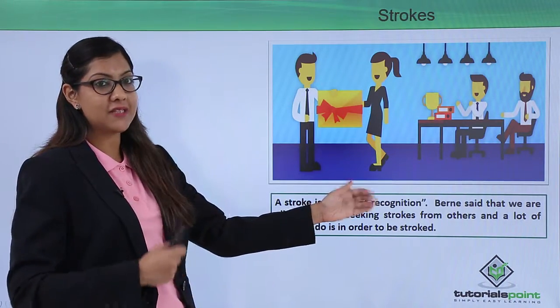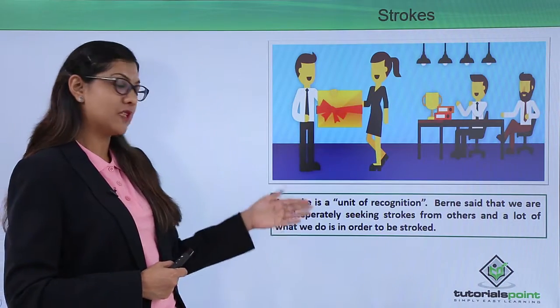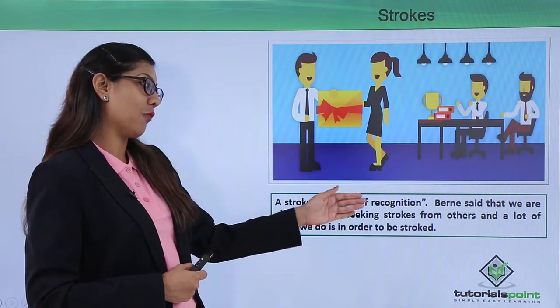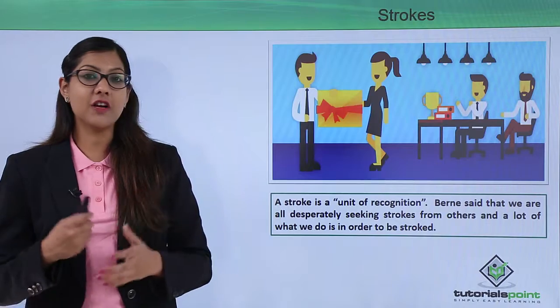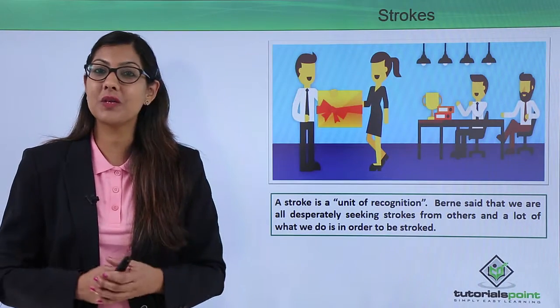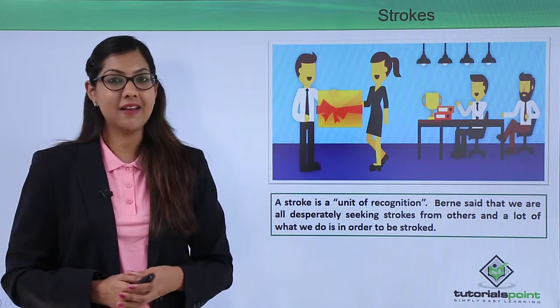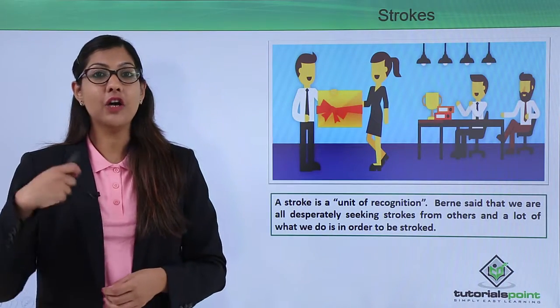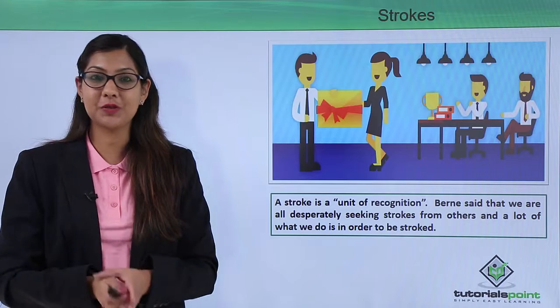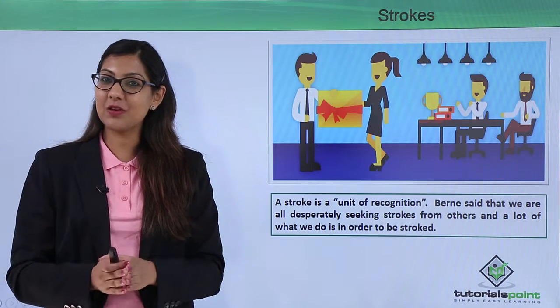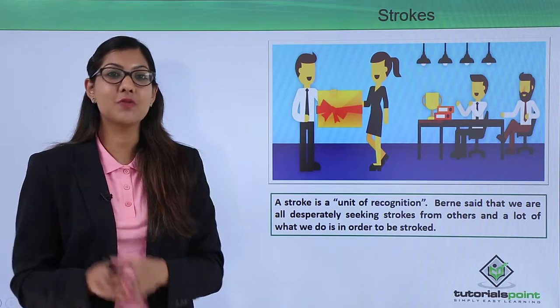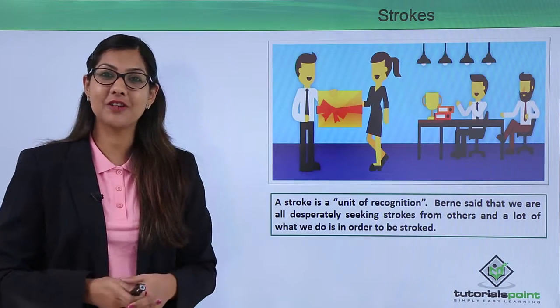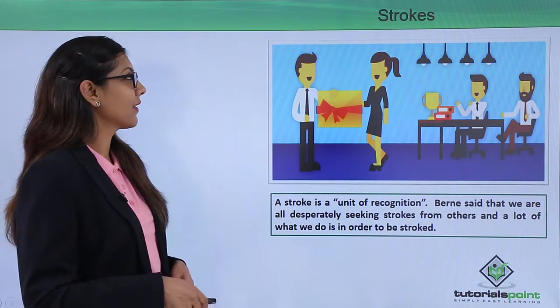Berne, who was a famous psychologist, says that we are all desperately seeking strokes from one another, and a lot of us do many things in order to be appreciated. Hence, as a teacher it becomes a very important part of your role to really appreciate your students, because that is very important for students, to be appreciated for the kind of work that they are doing.